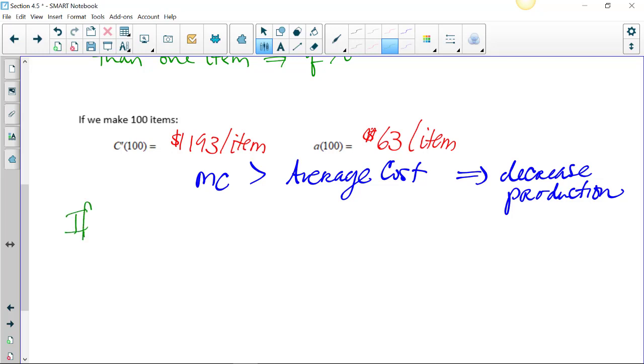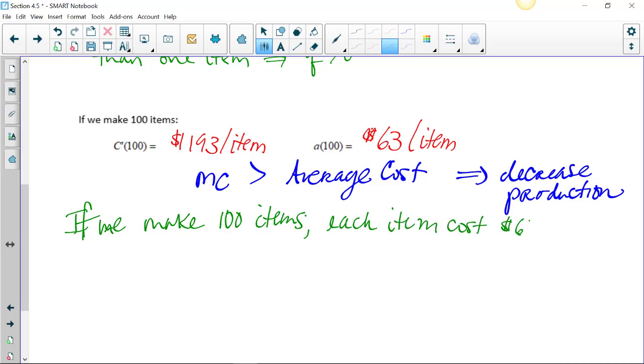Okay, so let's talk about that. So if we make 100 items, each item costs $63 on average. Okay.